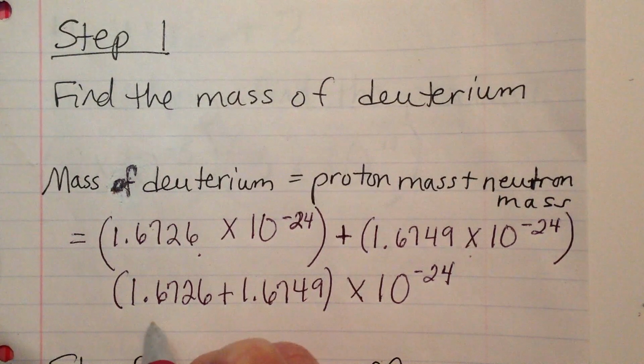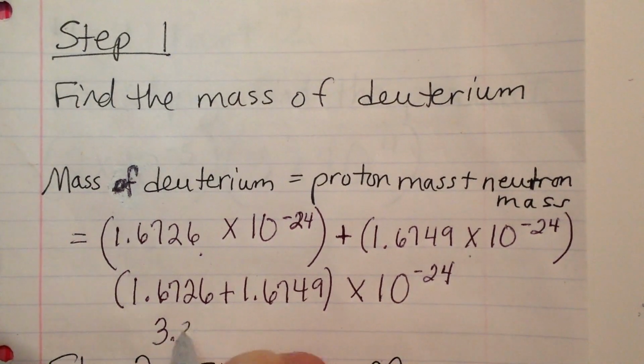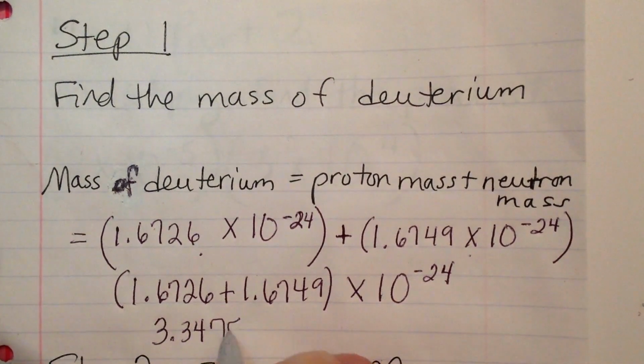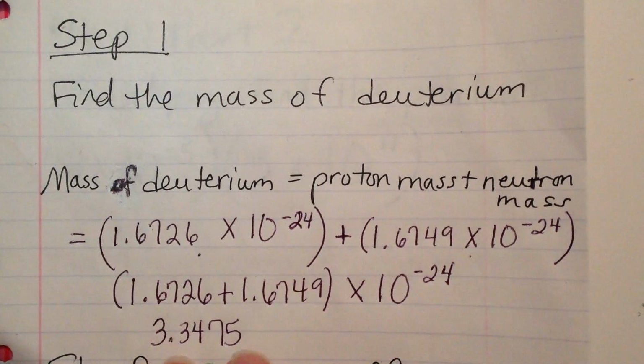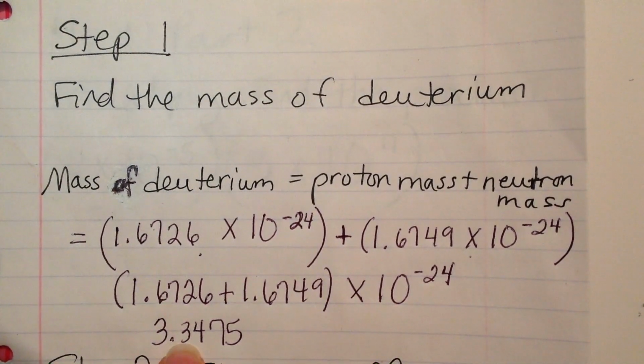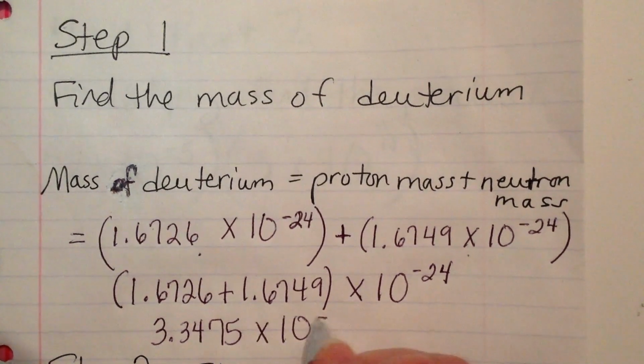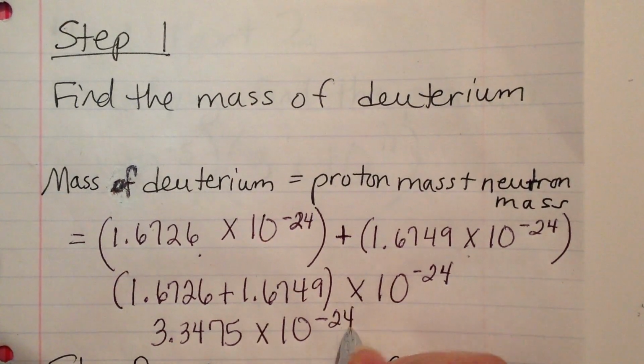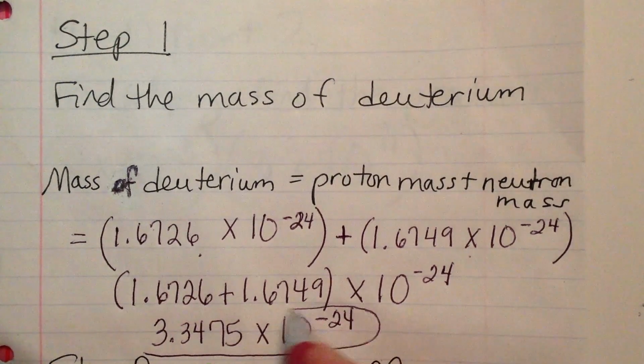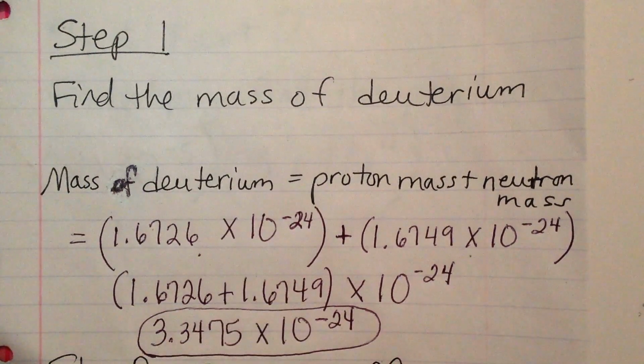Well, when we add, we end up with 3.3475. If you punch these two in your calculator, add them together, you get 3.3475 times 10 to the negative 24. So this is our mass of deuterium.